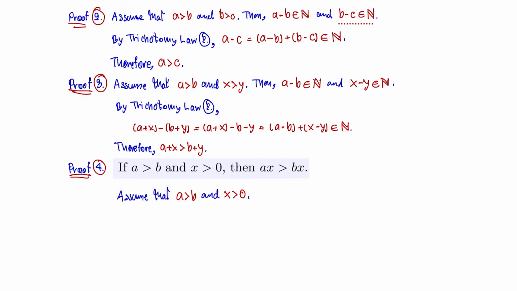So by definition of inequality, a minus b must be in the set of natural numbers, and x, which is an integer greater than 0, must be in the set of natural numbers. We want to show this one, ax greater than bx.